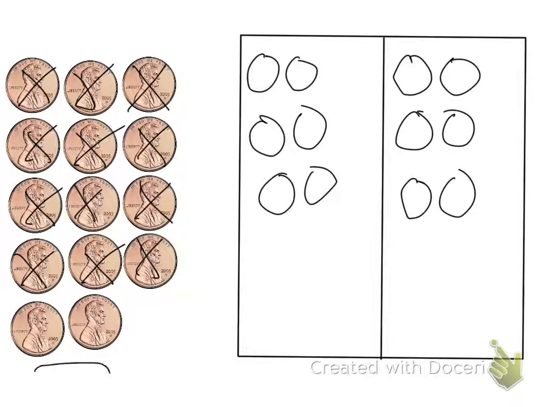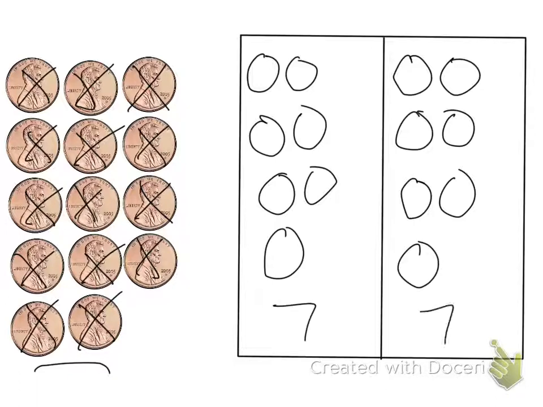Now I only have 2 pennies left, so I'm going to give 1 to me and 1 to my friend. As you can see, both of us get 7 pennies. And we know this is fair because both sides are the same. So we would say that 7 doubled is 14, or 1/2 of 14 equals 7.